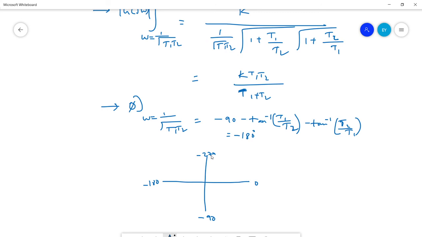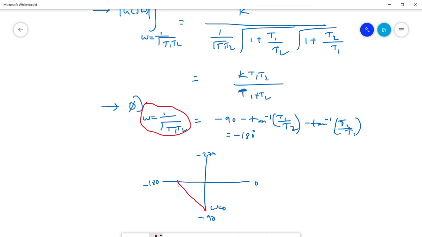As we know, at omega equal to 0 the plot starts at infinity, and at omega equal to 1 by root of t1 into t2 the magnitude will be K into t1 t2 divided by t1 plus t2. What is the phase angle at that point?